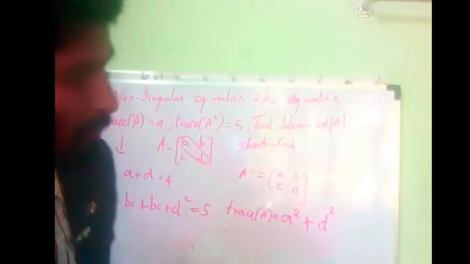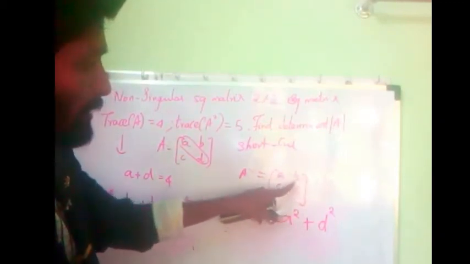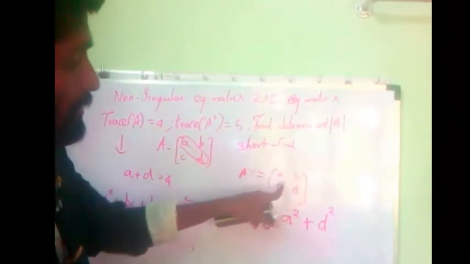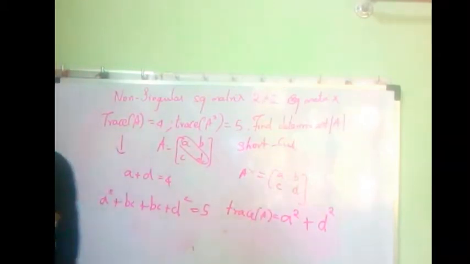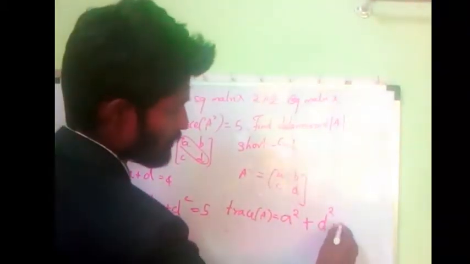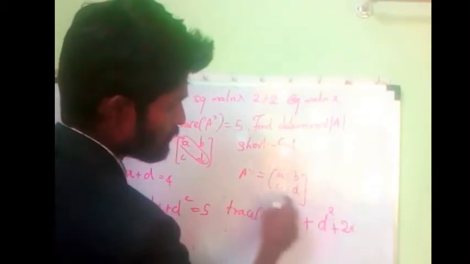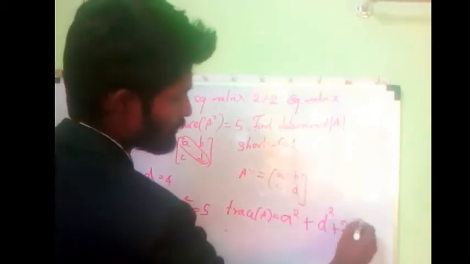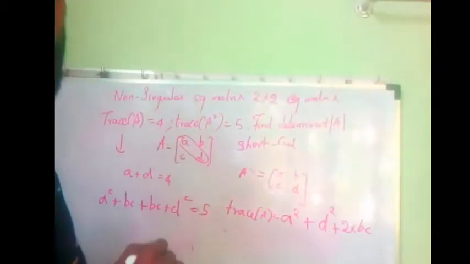Then multiply 2 and the remaining elements. You understand me clearly? Plus 2 into the remaining elements, B and C. So directly you get the answer.